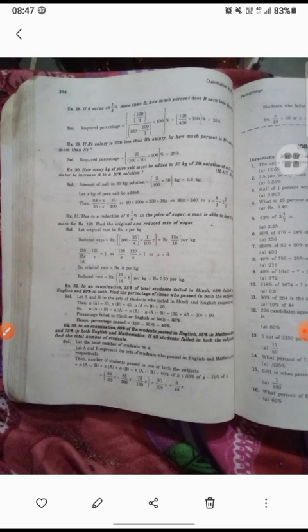What he is asking is that the reduction is 6 की power 1 by 4. So 100 minus 25 by 4 into 1 by 100 will be the percentage given. That's why we did the 1 by 100 also. And the answer will be 15x by 16 as the reduced rate. So for 120 he is buying 1 kg more. So 120 upon 15x by 16 minus 120 upon x equals 1 will be the answer.